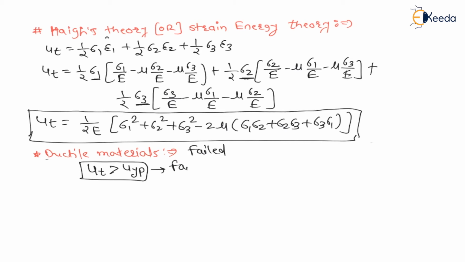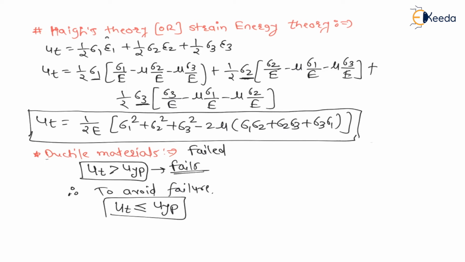Therefore, if I want to avoid failure, the total strain energy stored in the component per unit volume must be less than or equal to the strain energy per unit volume at yield point. By considering a suitable factor of safety, we have to write this equation.